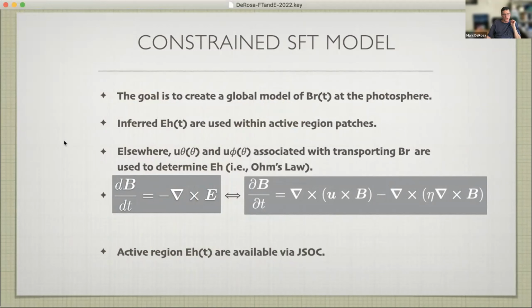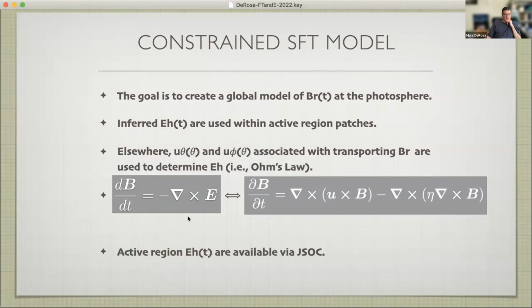But for the large-scale flows, such as those that involve the differential rotation, U_theta, and the meridional flow, U_phi, you can also determine what the corresponding electric fields are. And so there's this model that we spent time developing as part of the CGEM project that does this.